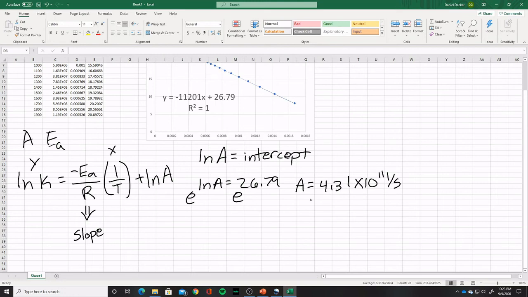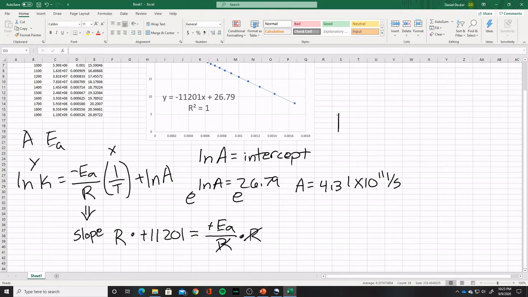So our slope is negative 11,201. That is equal to negative EA over r. Those two negatives are going to cancel each other out, so I'm just going to ignore them from this point forward. And what I'm left with is just this number times r. So I'm going to multiply both sides by r to get rid of this over here.